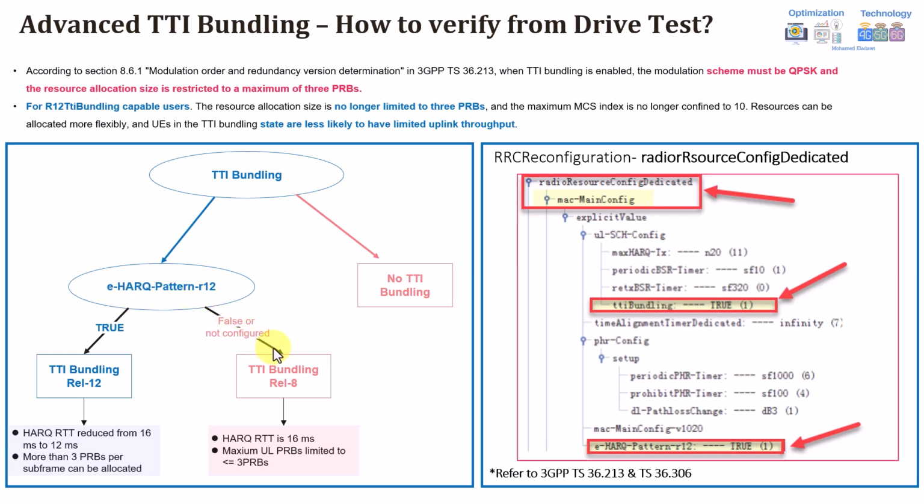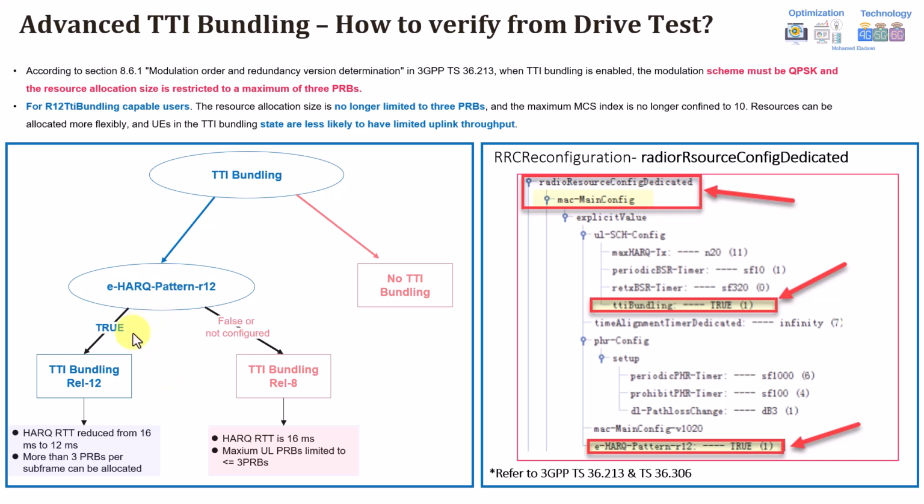If it's not supported, then the user will use the old process, which is the release 8 behavior. So the HARQ RTT is 16 milliseconds, as I mentioned, and the maximum uplink RBs will be limited to 3. So those particular users, even if the feature is enabled, will have a limitation in uplink throughput and a latency increase. So this is the drawback.